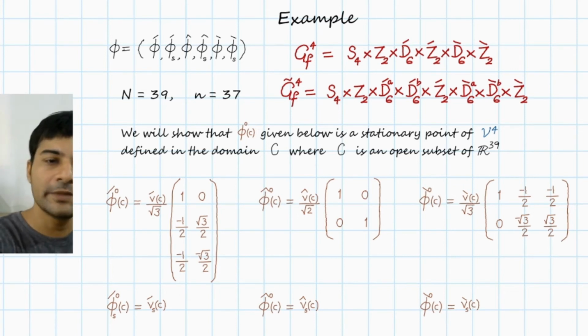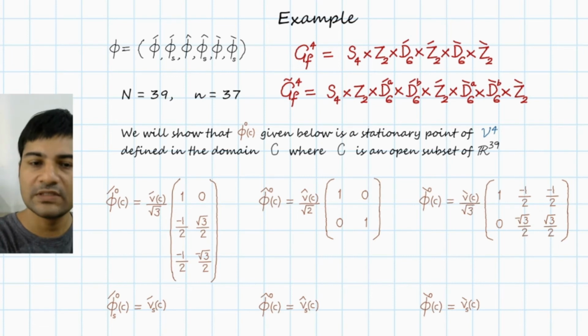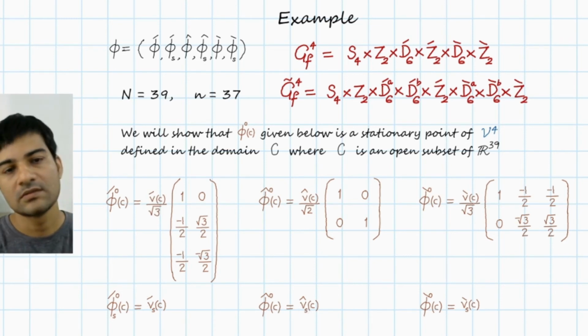Here, the dependence on the coefficients is only in these terms which I denote with V. So here you have acute VC, here you have hat VC, here you have gray VC, etc. These are in fact the norms of these irreducible multiplets.